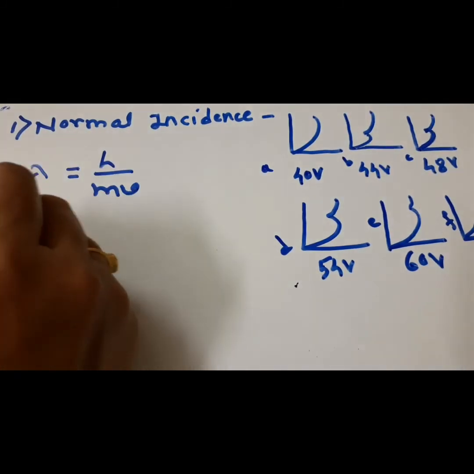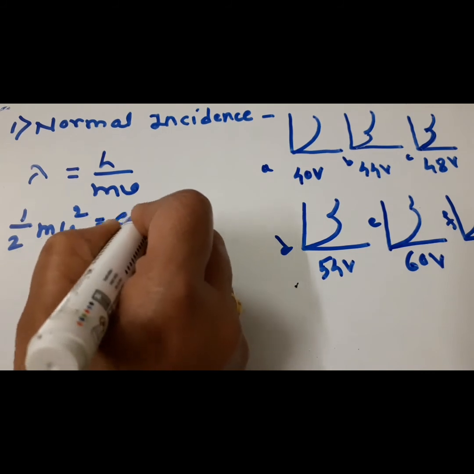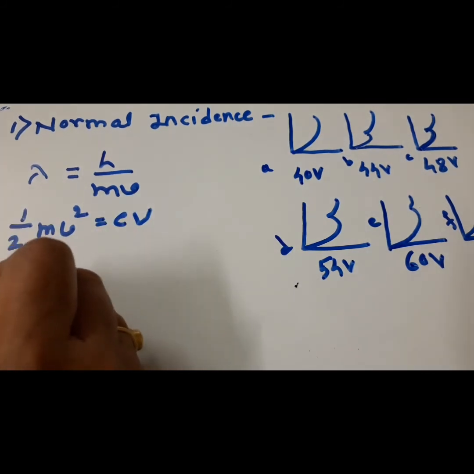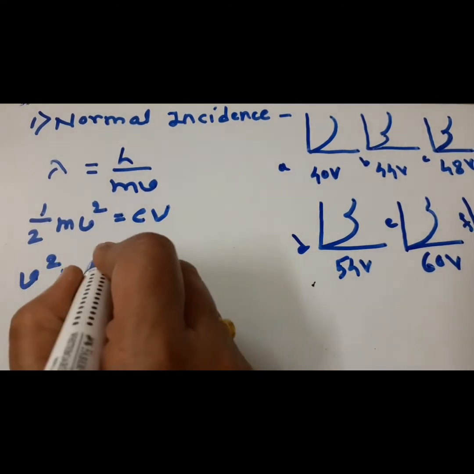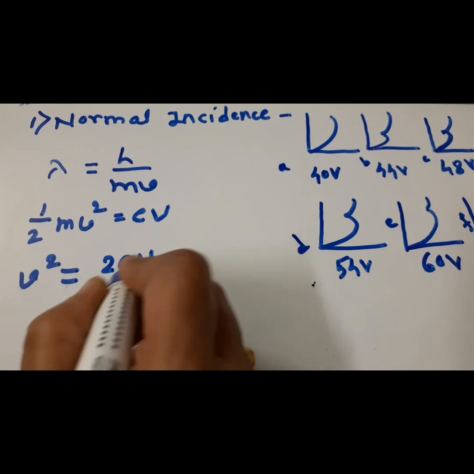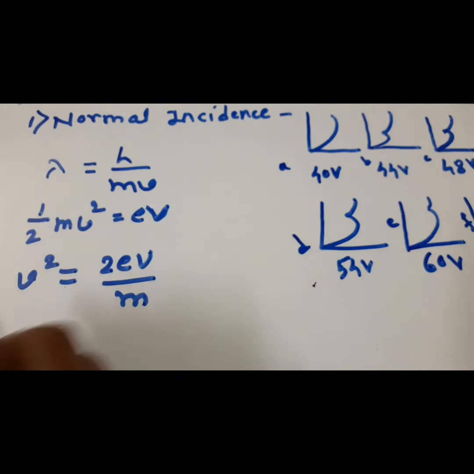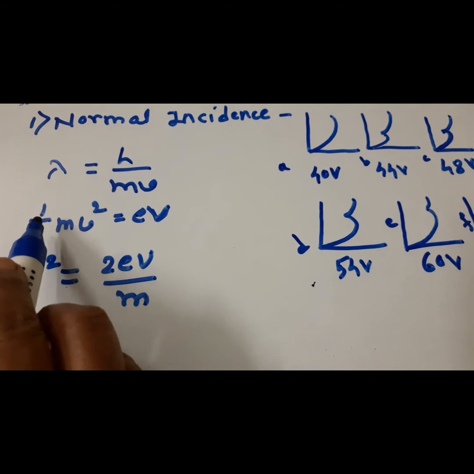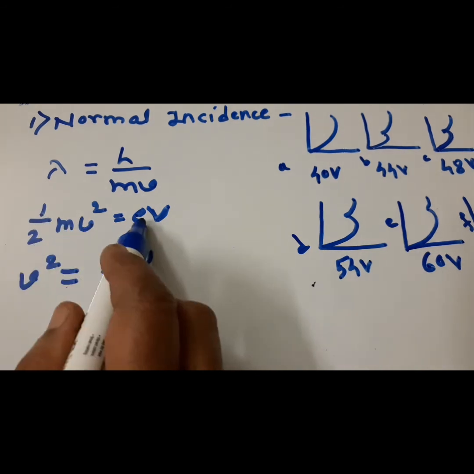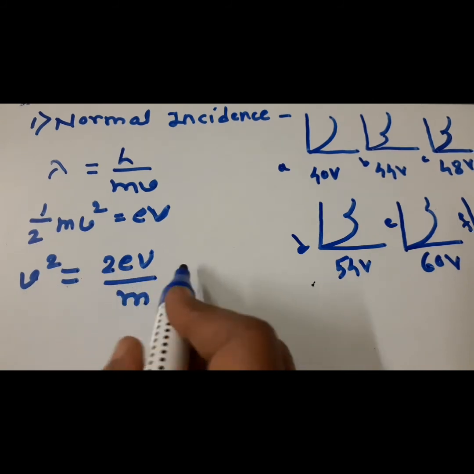Now, since 1/2 mv square is equal to eV, therefore v square is equal to 2eV upon m.